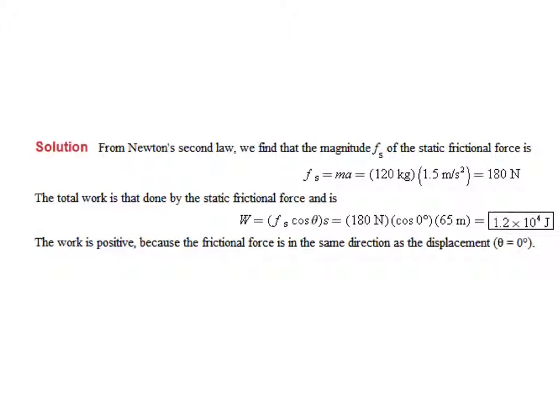And if that force is being applied through a distance of 65 meters, the angle between the frictional force and the displacement is 0. So we simply have 180 newtons times 65 meters times 1, which is equal to 1.2 times 10 to the 4th joules, or 12,000 joules of work.